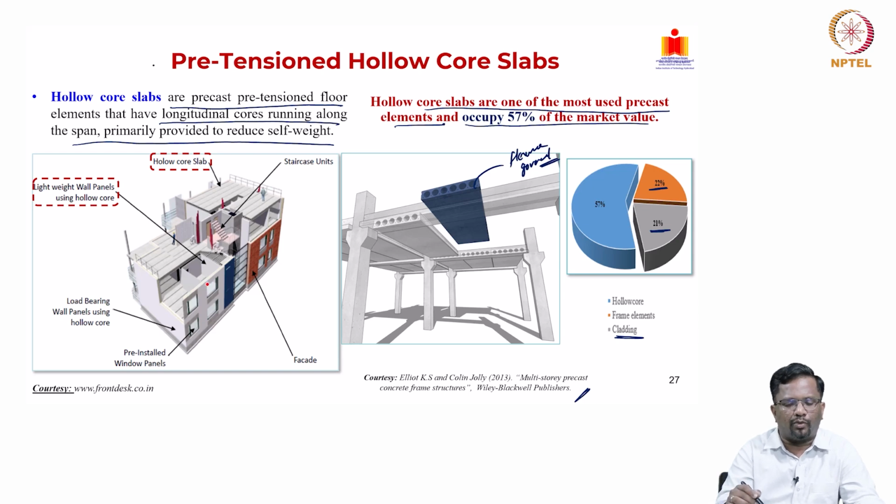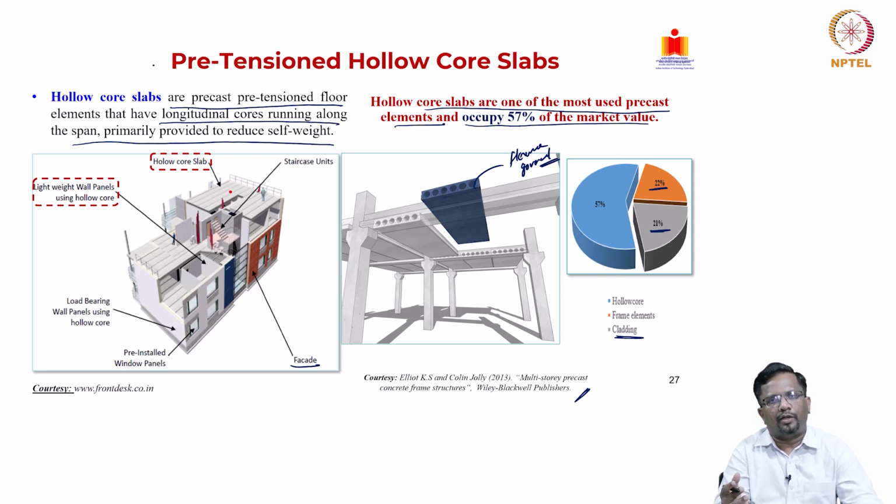Now, with hollow core elements, I can make them lightweight, and I can also change the density, and you can also use them as a wall panel or as a facade element. I can also make it load bearing, and I can also use it as a roof and slab element, right. So, multiple purposes can be served.